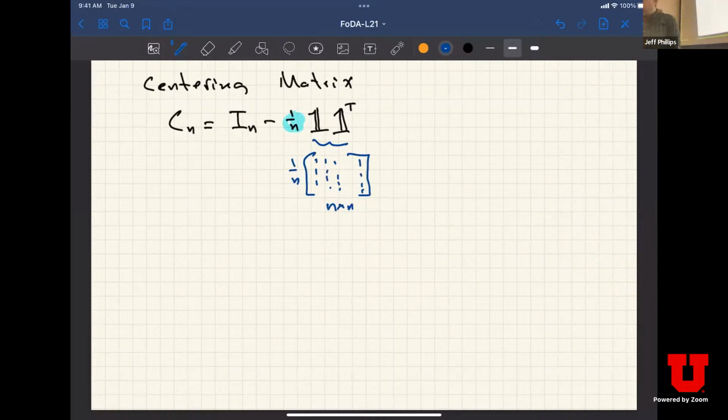And this guy is the n-dimensional identity, where this is all ones here, and these are all zeros.